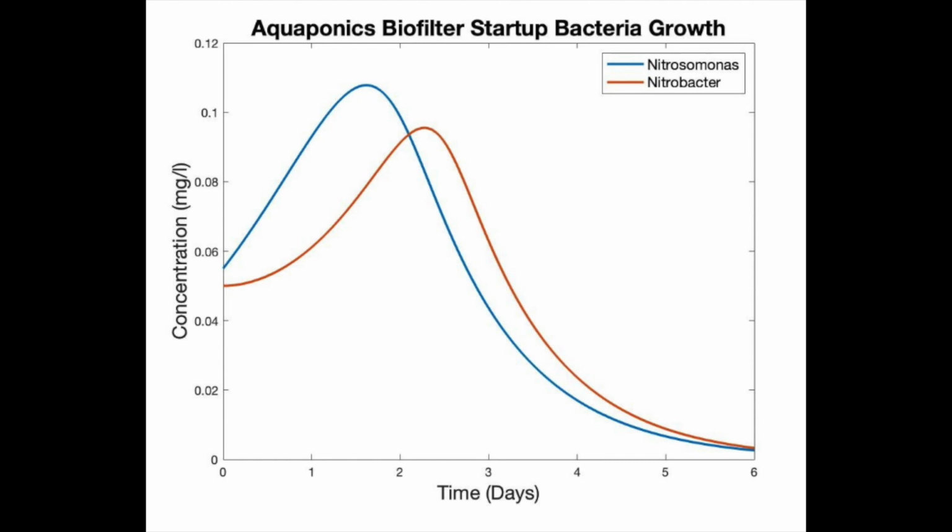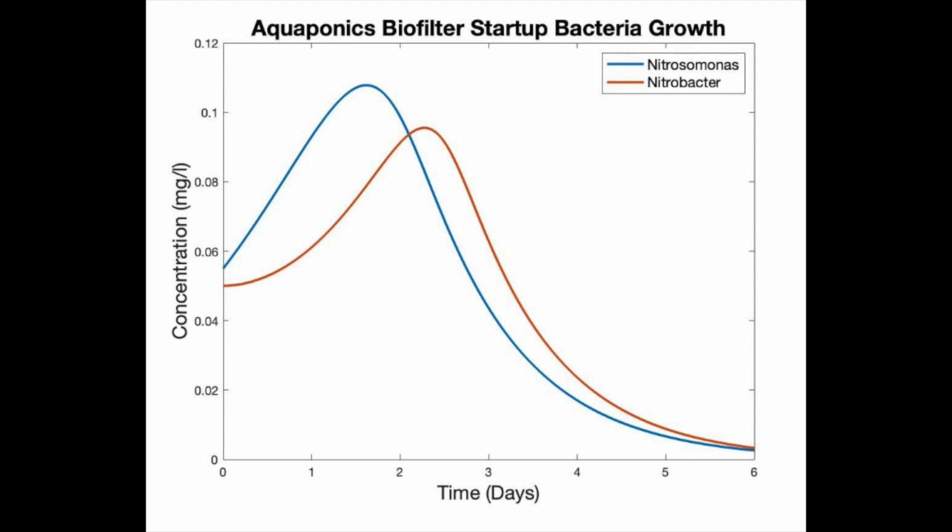From the second graph generated, you can see how the concentration of Nitrosomonas and Nitrobacter bacteria change with respect to time. We selected a standard initial concentration of Nitrosomonas and Nitrobacter bacteria to populate our biological reactor. You can see from the graph that the concentration of Nitrosomonas increases to a maximum of 0.11 milligrams per liter around the second day.